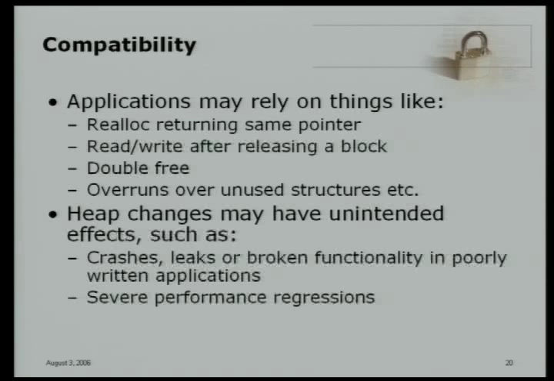And this was just one scenario I can tell, but people can rely sometimes on realloc returning the same pointer back. Sometimes they rely on writing or reading from the block after they call a free. And some changes in the heap policy, such as returning the last block released first, may actually cause some troubles to those applications.